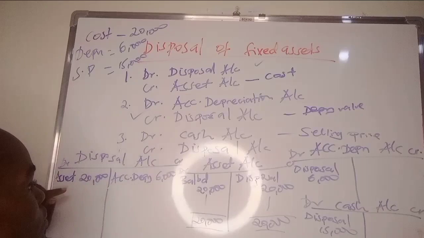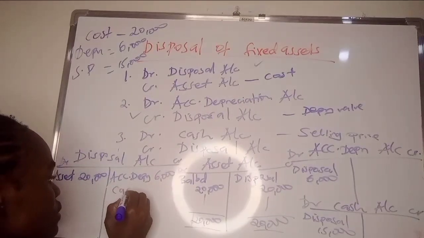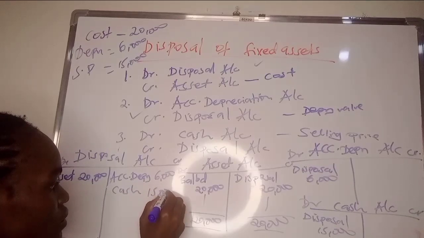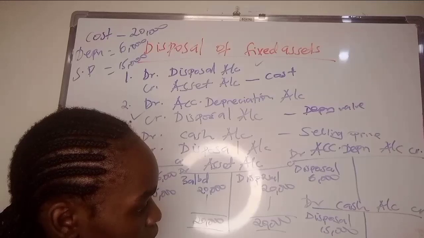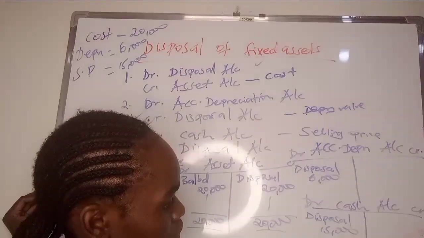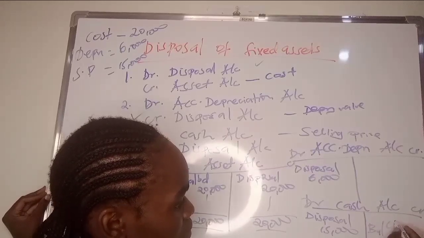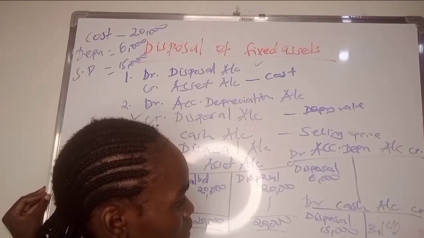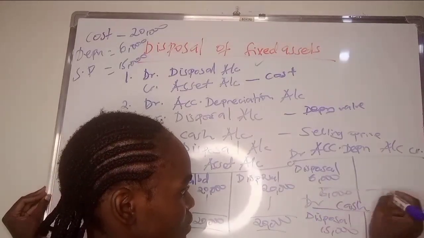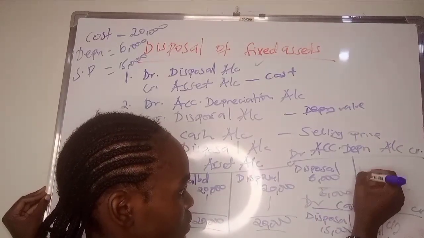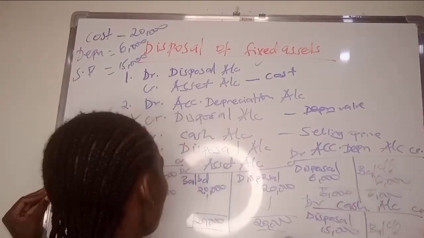Then in the disposal account, on the credit side, we write cash 15,000. So we balance this one, 15,000 minus 0, so the balance carried down is 15,000. Same here, 6,000 and 6,000, and the balance carried down is 6,000.